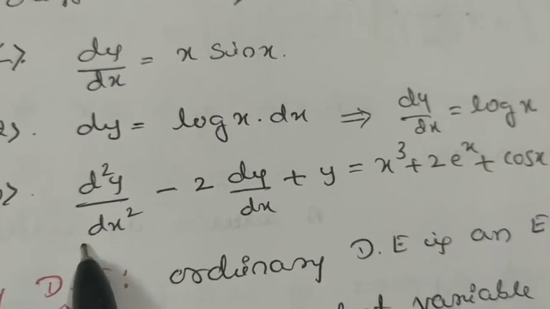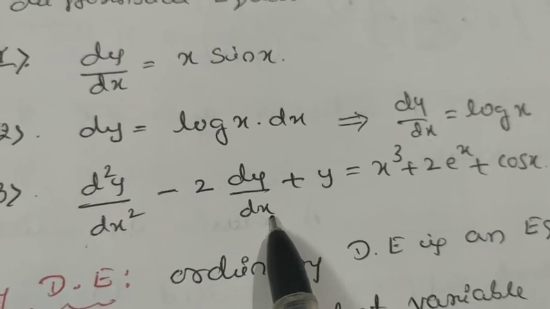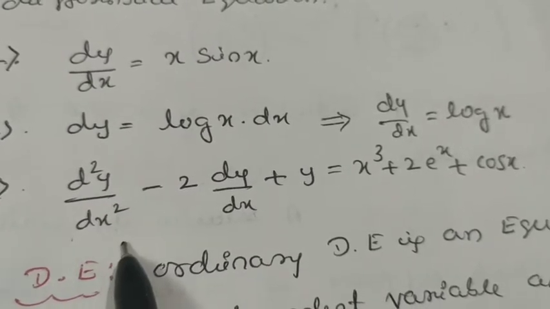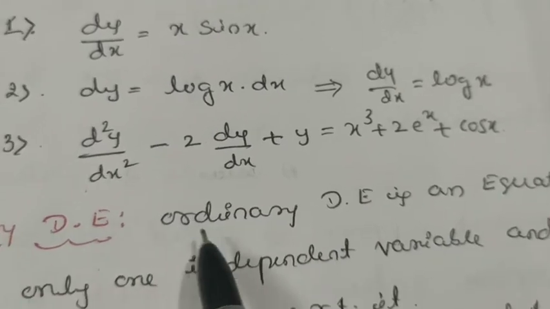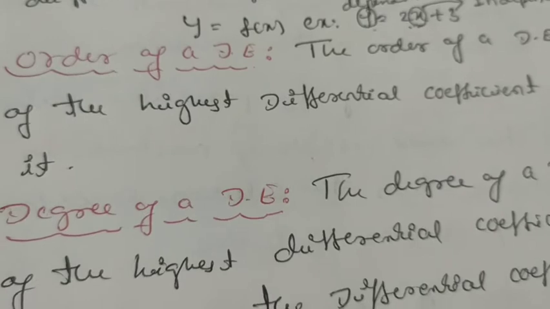In the third example, we have d2y by dx square and dy by dx both. The highest order derivative here is d2y by dx square, therefore its order is 2.